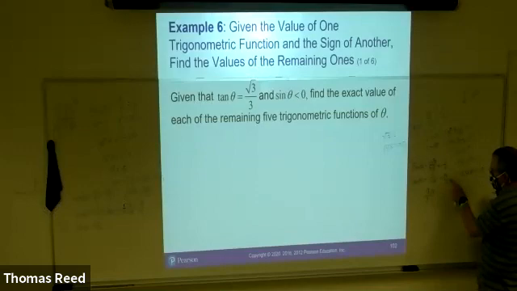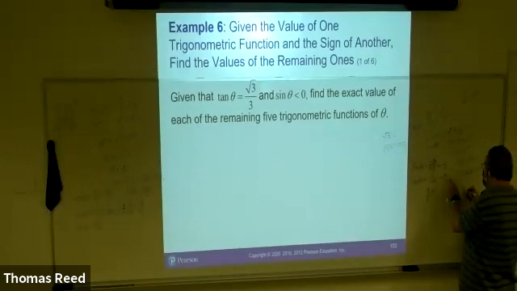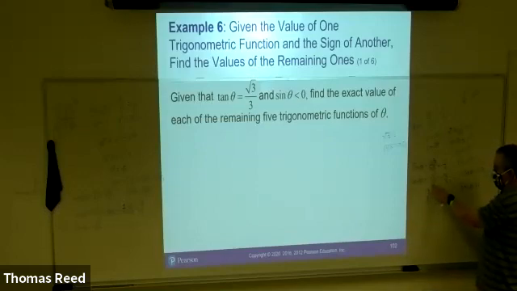And the reciprocal of cosine gives us secant. But if I look at this fraction for cosine and I flip the fraction, I won't have to rationalize the denominator.